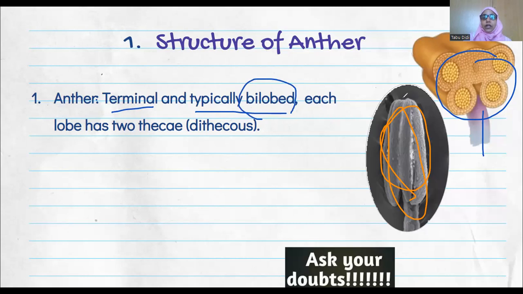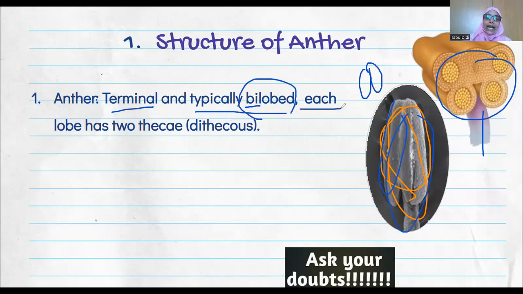Bilobed means, you can see over here, one lobe and another lobe, like this. You can take an example from black gram or white chickpeas. It has two parts, two lobes. When you break it open, you will get two lobes. That is what we mean by bi: bi stands for two.